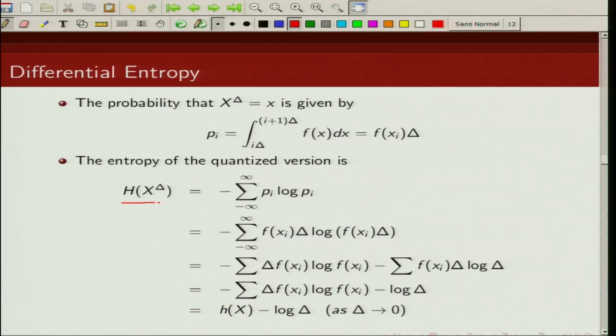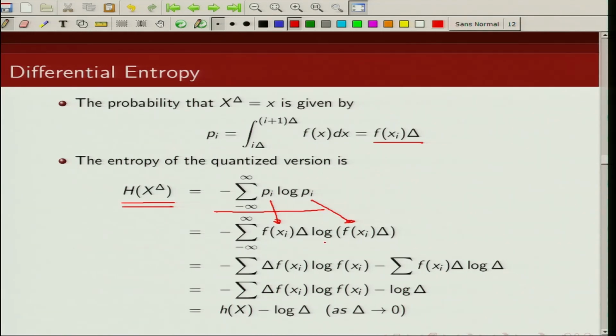So let us compute then the entropy of this quantized random variable x delta. This is given by this expression. This follows from the definition of entropy. Now pi is given by f of xi delta, so we plug in the value of pi here.